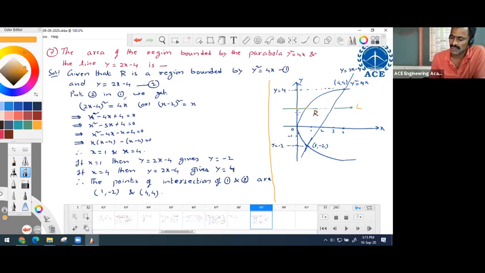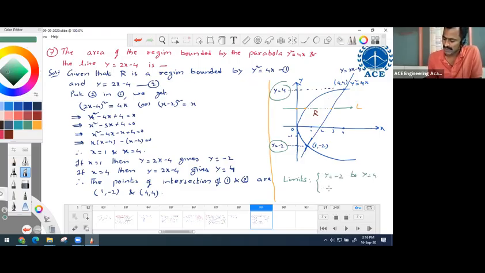The x limits are changing, because for every y the x lengths are not the same, so the x limits are variable. So y will vary from y equal to minus 2 to y equal to 4.